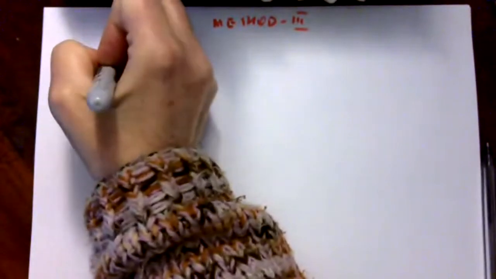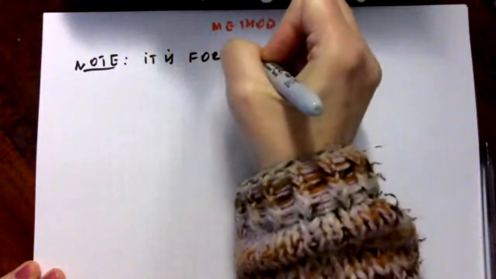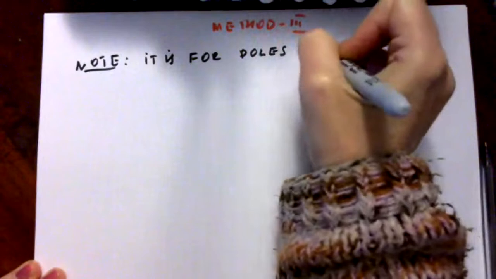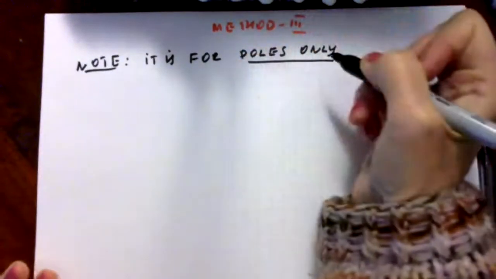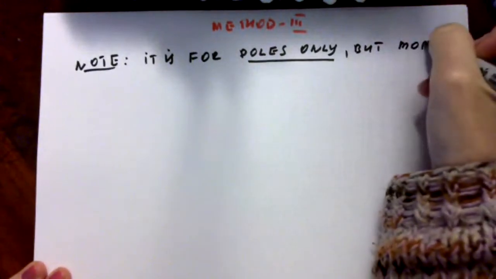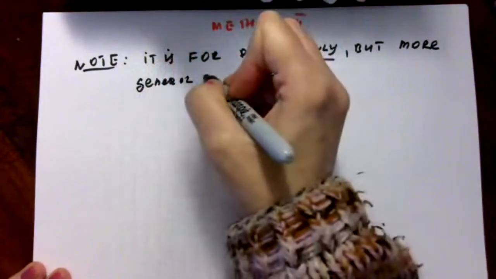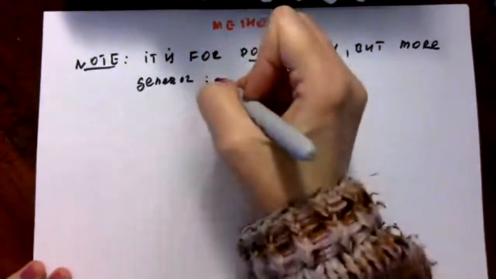So, what is this method about? Let me make a note. Another note: just like method 2, unfortunately, it is for poles only again. But it's more general. What is more general about this method?